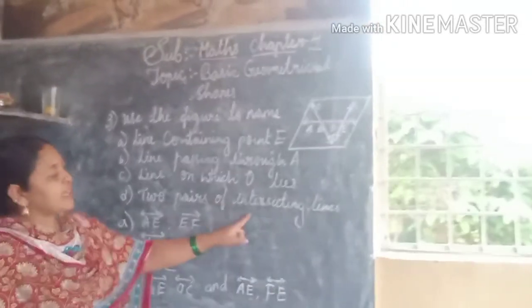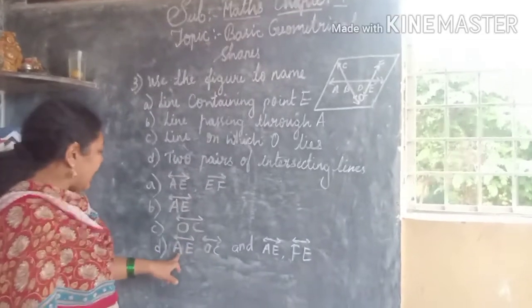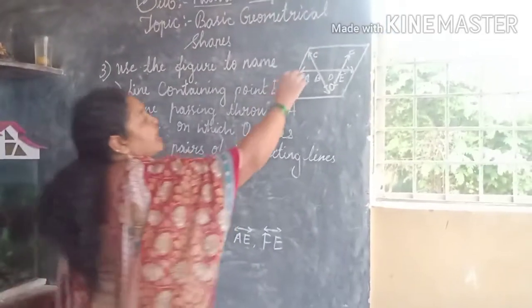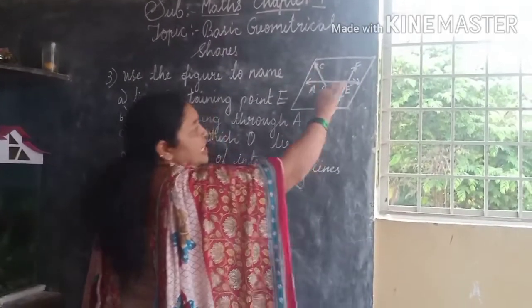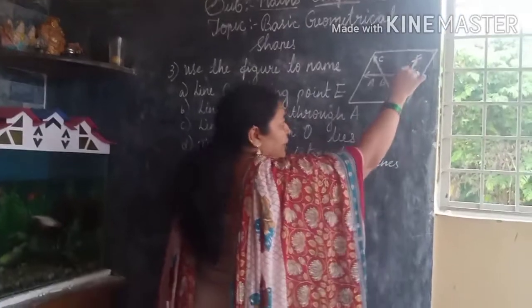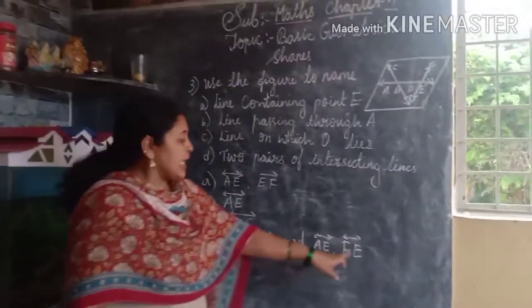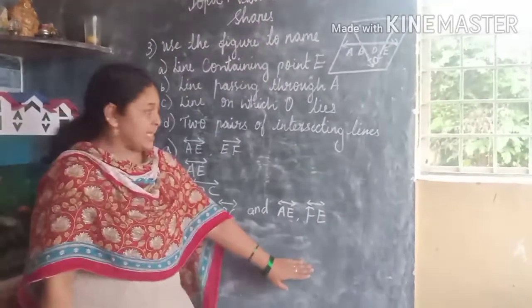And two pairs of intersecting lines. Two pairs, that is, we have AE and OC. This is one intersecting pair, that is AE and OC. And the second one is AE and FE. So we have two sets of intersecting lines.